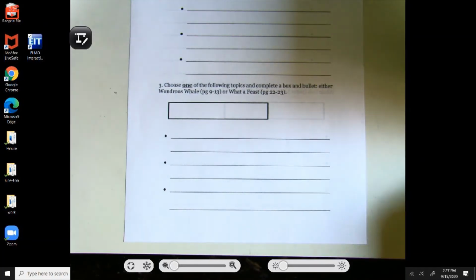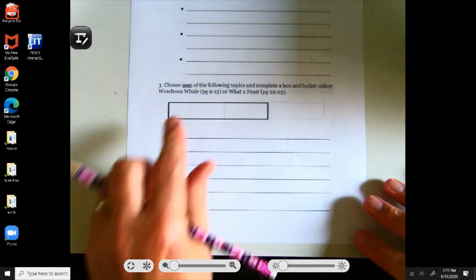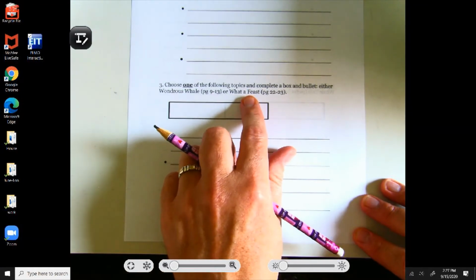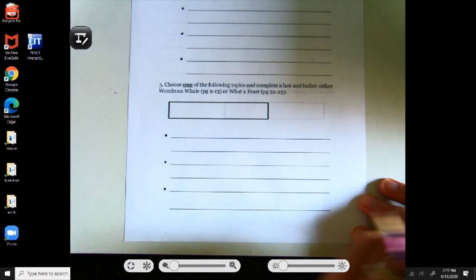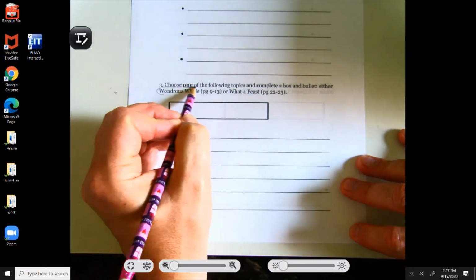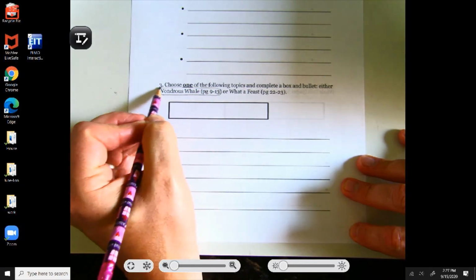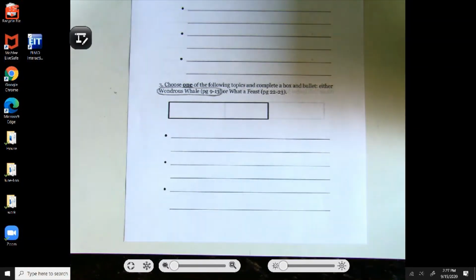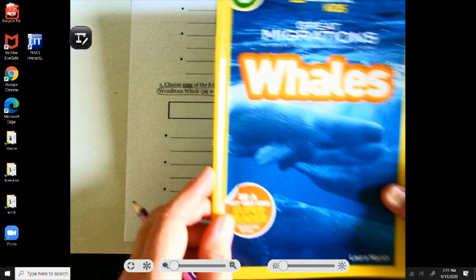If you'd like to do Wondrous Whale, raise your hand. All right, hands down. If you'd like us to do What a Feast, raise your hand. Ooh, it was very close, but it looks to me like Wondrous Whale won. So we're going to use Wondrous Whale. So get your book and make sure you have it handy.